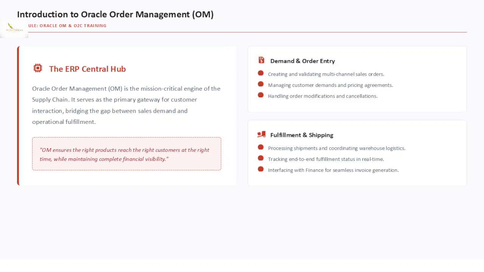Whenever a customer purchases products or services, Oracle Order Management manages the entire order life cycle from order entry to shipping and invoicing.